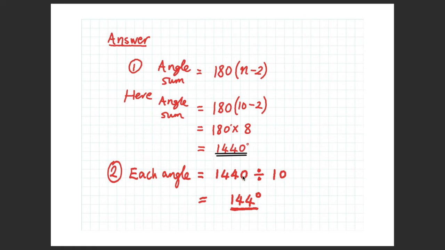And if they add up to 1,440, and then there's 10 of them, and you want it to be a nice regular shape with all those angles the same, then 1,440 divided by the 10 angles would be 144. So a nice regular decagon, a 10-sided shape, would have 10 angles of 144 degrees.